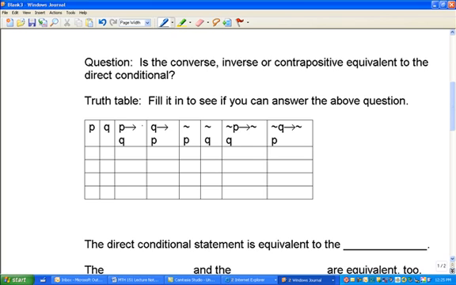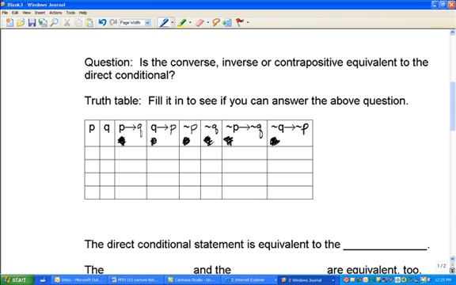While you're doing that, I'm going to correct my table here that, again, the journal has messed up. But I'll fix it. So hopefully you've decided which one you think is equivalent. Is it the converse, the inverse, or the contrapositive? Pick one of the three.